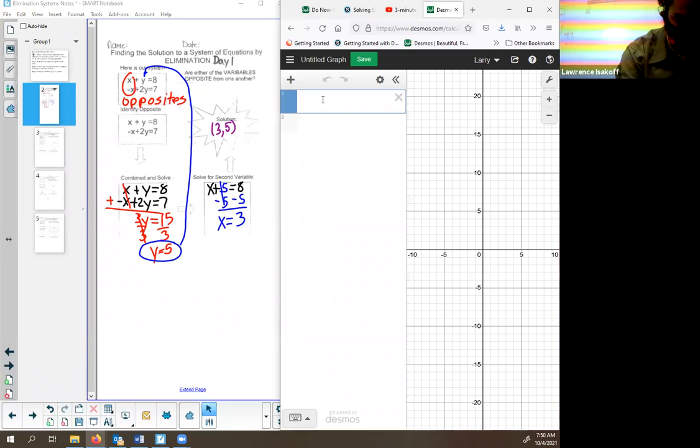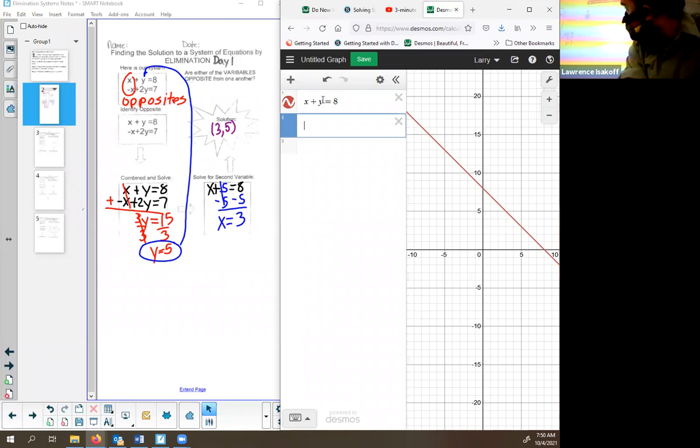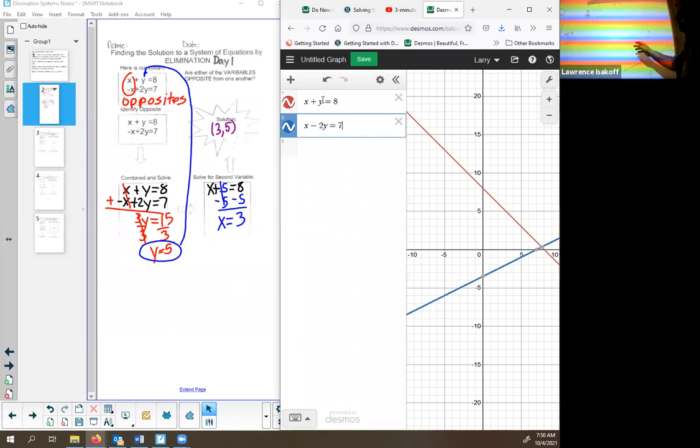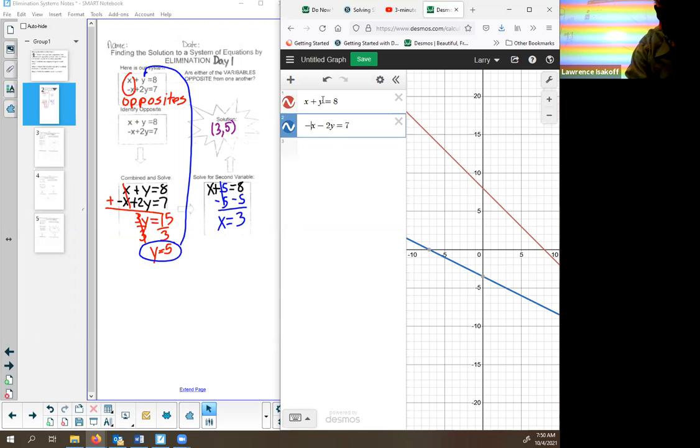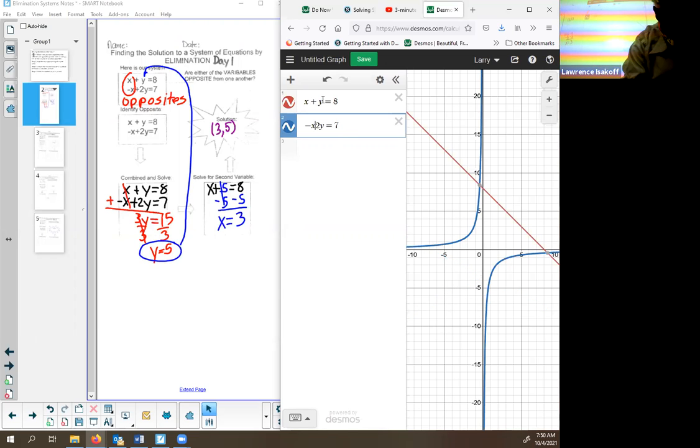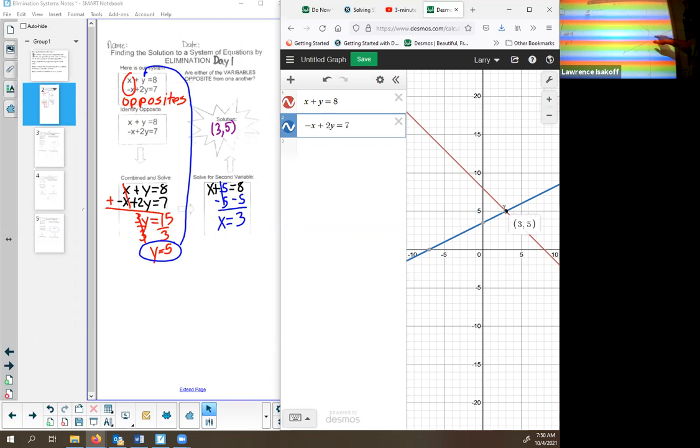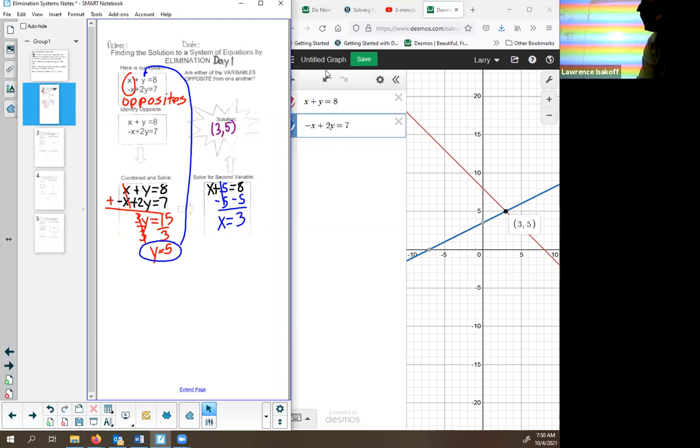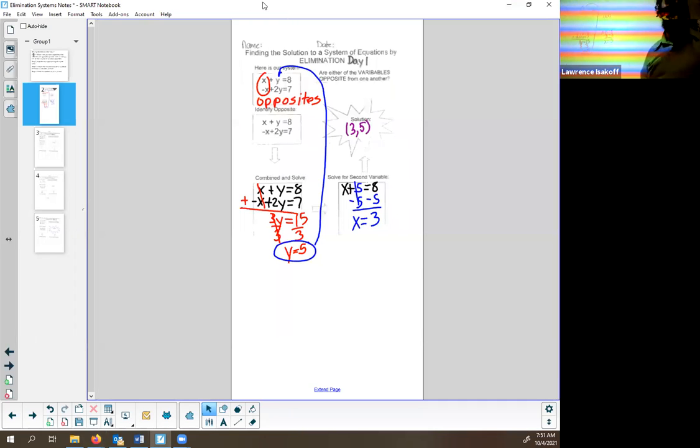So if I do x plus y equals 8, and then x minus, you can go to the bathroom if you need to. So if I type it in like that, oh, I put it in wrong. It should be negative x, and that's plus 2y. There we go. I do get (3, 5) when I graph both of these and see where they cross. So indeed, we were able to check that out there.